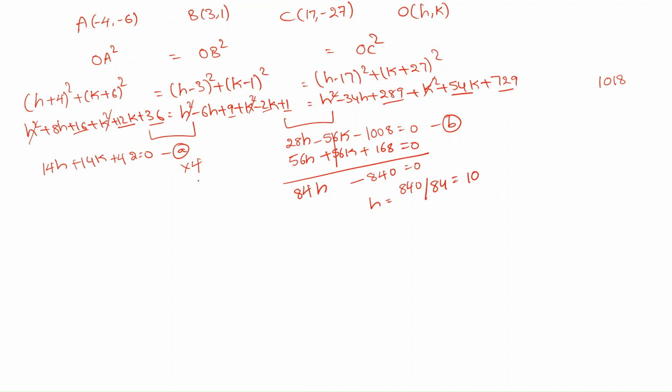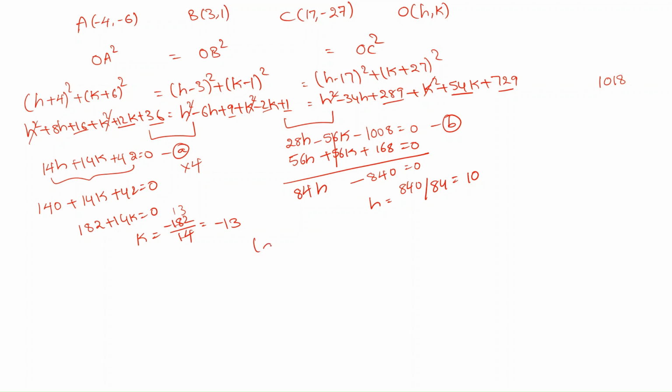Now we have h. Substitute the value of h in this equation A. So 14 into h is 140, plus 14k plus 42 is equal to 0. 140 plus 42 is 182, plus 14k is equal to 0. k is equal to minus 182 upon 14, and this gives us 14 times 13, so minus 13 is the answer here.